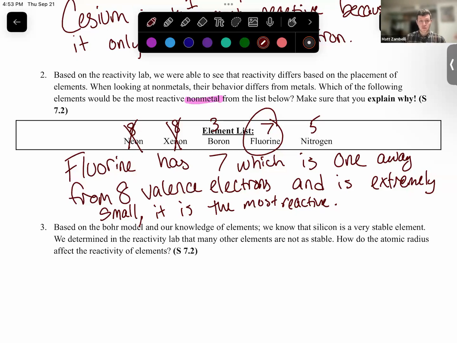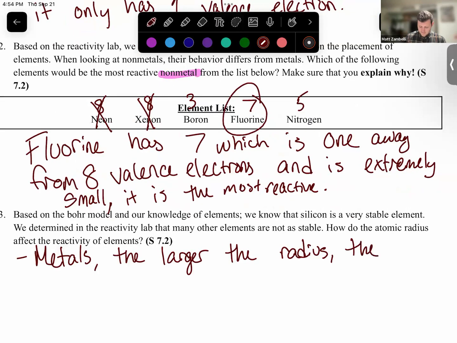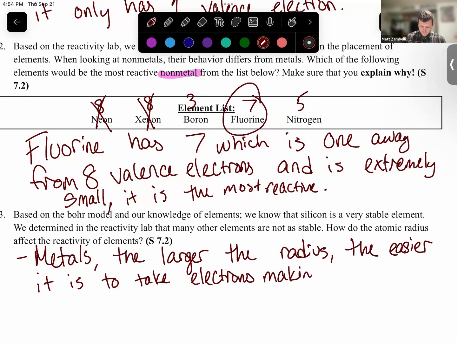So we want to talk about two things. For metals, the larger the radius, the easier it is to take electrons, making it more reactive.